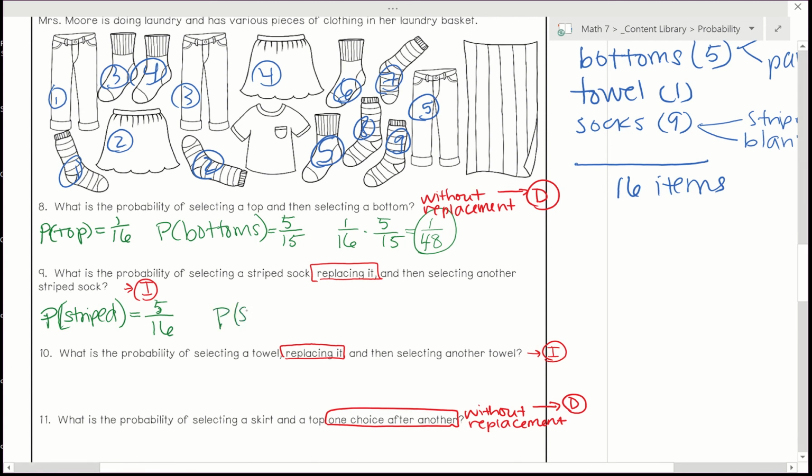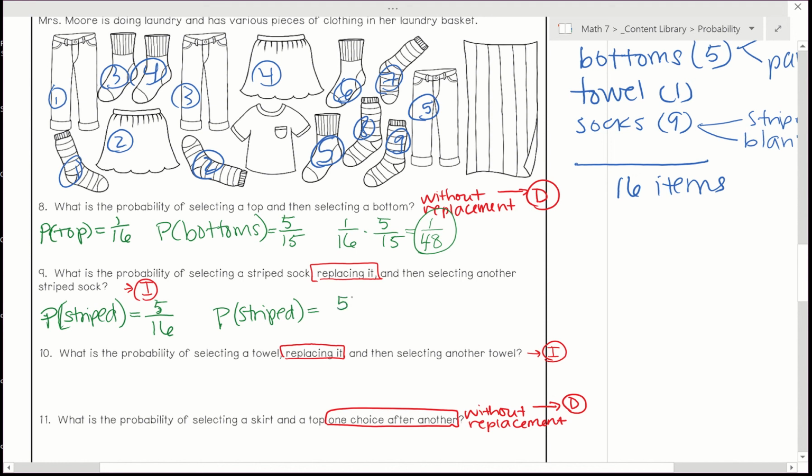So the probability of a striped sock the second time is no longer 5 out of 16, because we're picking one of these socks, right? So now it's actually 4 out of, we are replacing it. I read the problem wrong.